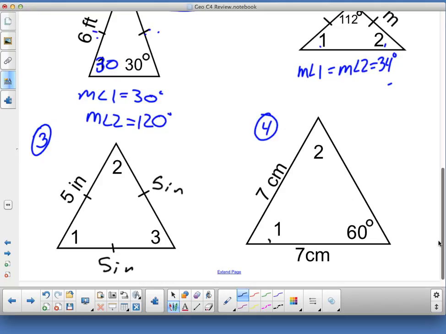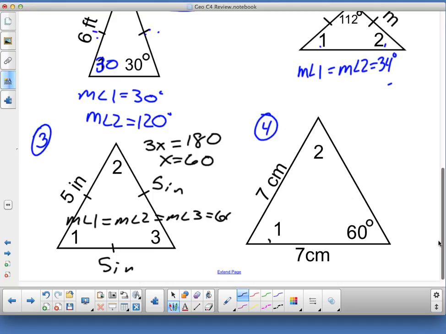And because it's equilateral, it's equiangular as well. And we know that 3 angles that are the same equal 180, and therefore each of them got to be 60. So the measure of angle 1 is equal to the measure of angle 2, which equals the measure of angle 3, is all 60 degrees. Pretty cool stuff as we go through this, huh?